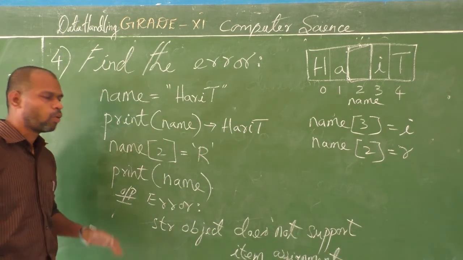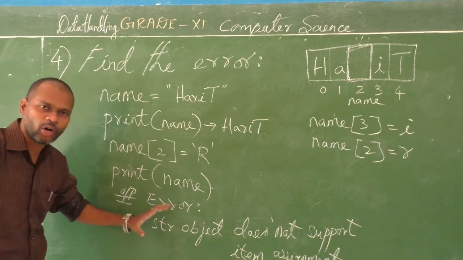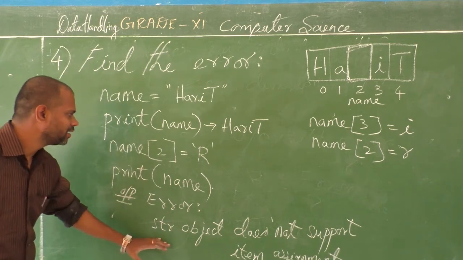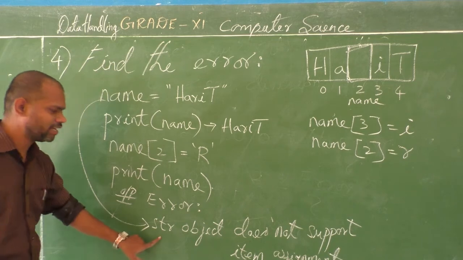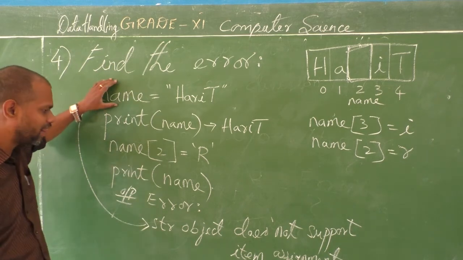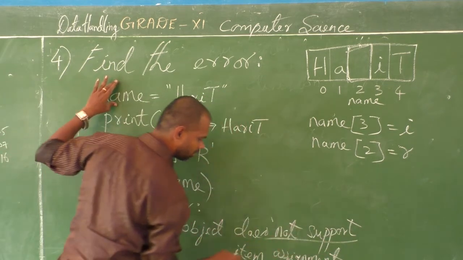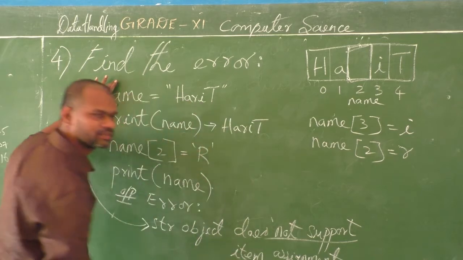Why, I will tell you. This will show the error. This name is a string, a string object. This name will not support the item assignment.